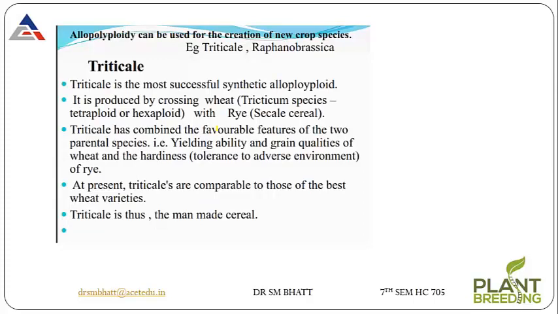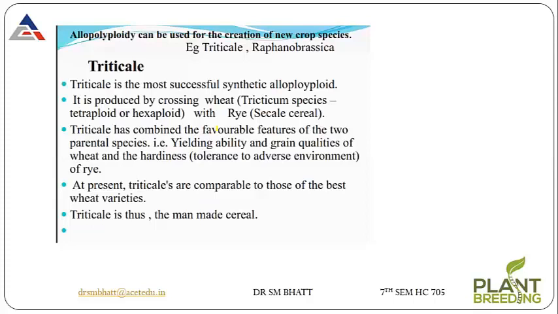Sir, they are synthetic, made by man. That's why it is a man-made cereal. And how are they created? They are created from two distinct genera or species of plants, rye and wheat.